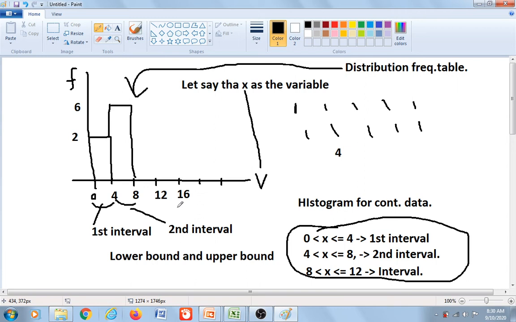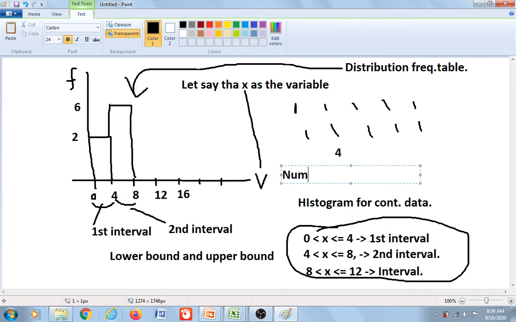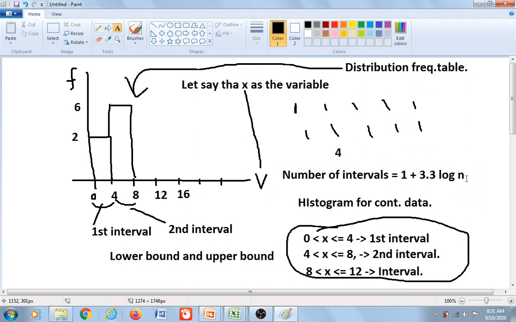Anyone can say any number for the number of intervals that he wants to use, but there is a common formula that we can use, that the number of intervals equals 1 plus 3.3 times log n, where n is how many observations that you have, n means the sample size.